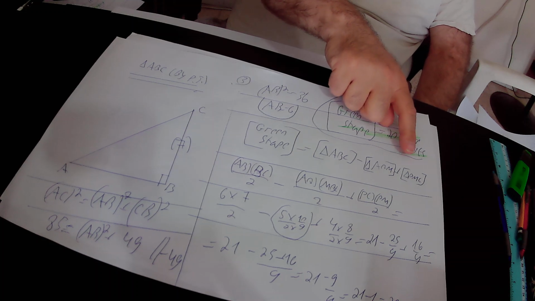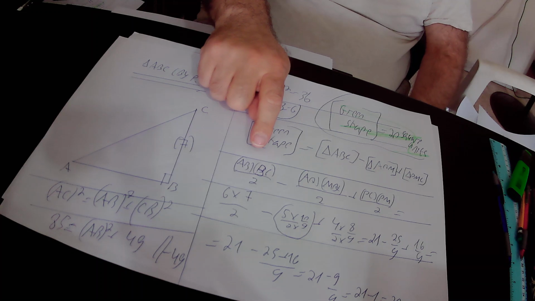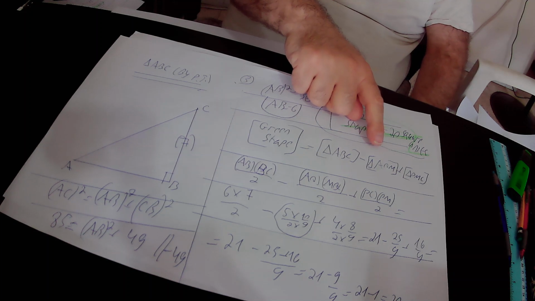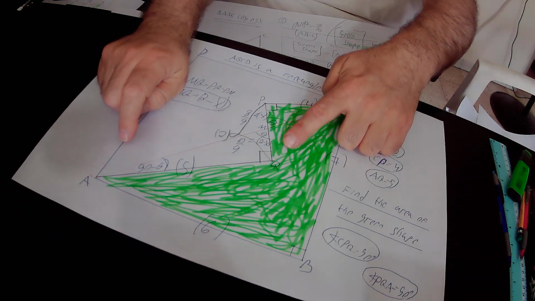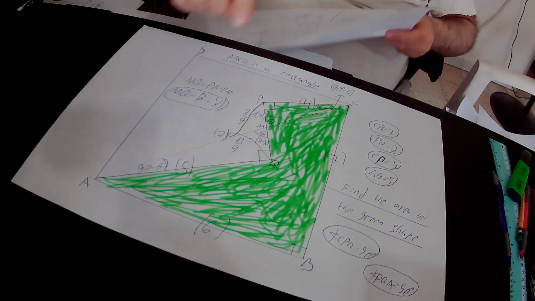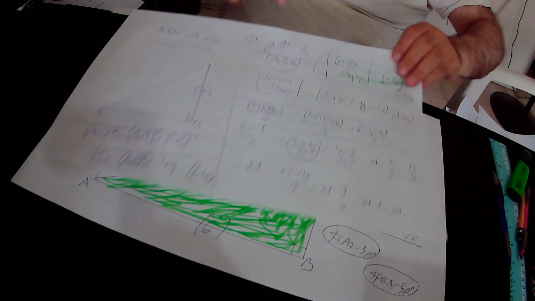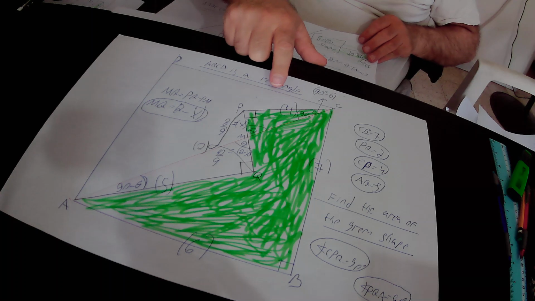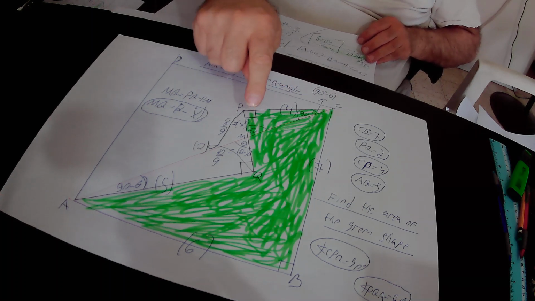The area of the right triangle ABC equals the base, that is AB, times the height, that is BC, over 2, minus the area of the white right triangle AQM. This equals the base, that is AQ, times the height, that is QM, over 2, plus the area of this green small right triangle PCM. The area of the green small right triangle PCM equals the base, that is PC, times the height, that is PM, over 2.